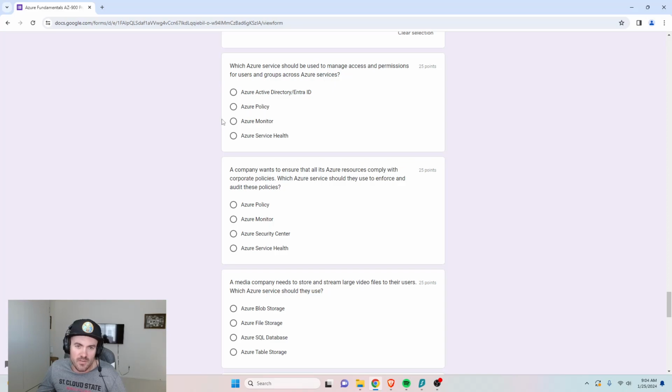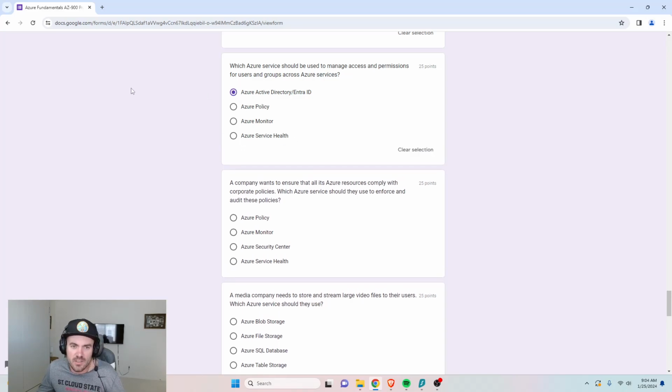Monitor is again for performance monitoring, and then Service Health, basically what that does is it lets you know if there's an issue with some sort of Azure service that could affect your resources. So it's not that one. Because of that, we can go ahead and select this first one, which by the way, used to be called Azure Active Directory, but now it's Microsoft Entra ID, just so you're aware there.